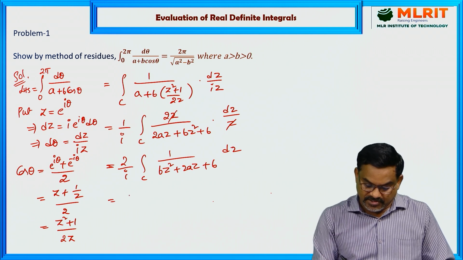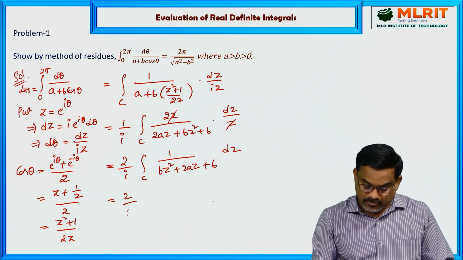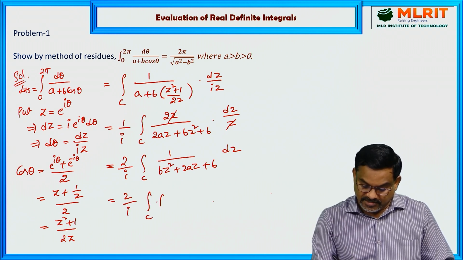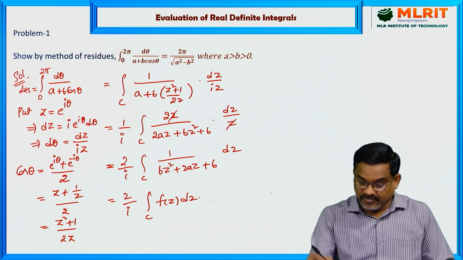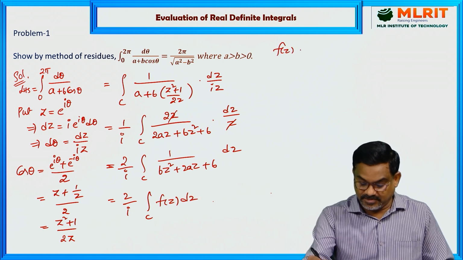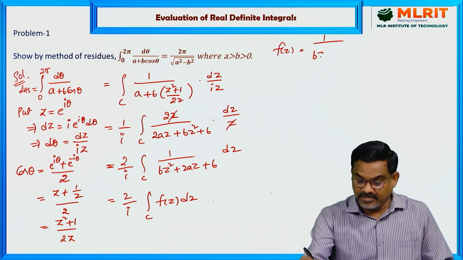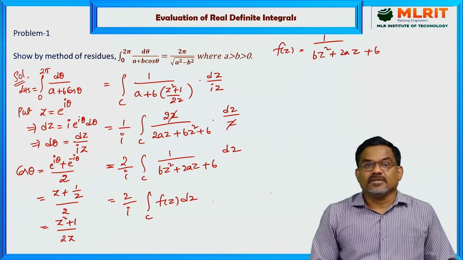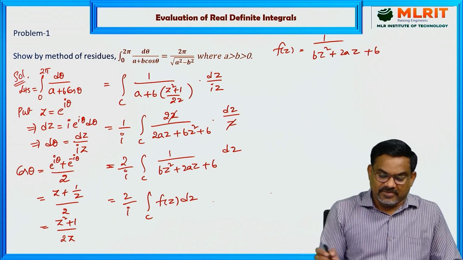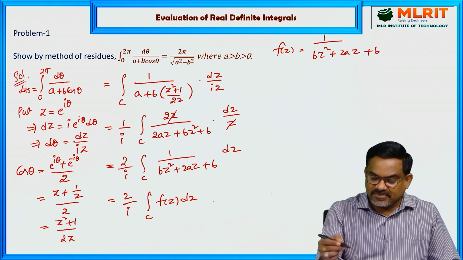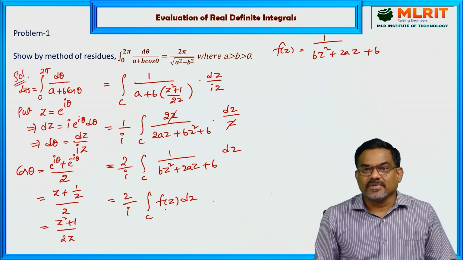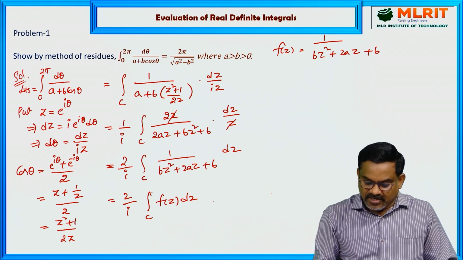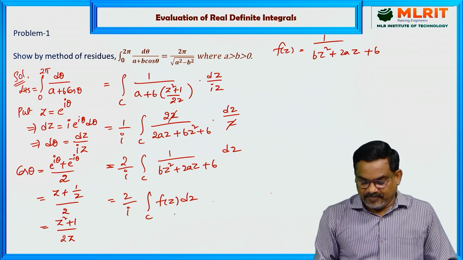So which is in the form of 2 by i into integral over C of f of z dz, where f of z is 1 by (bz square plus 2az plus b). So the given function, which is in terms of theta, is transformed to a function of z, and we need to evaluate this line integral.